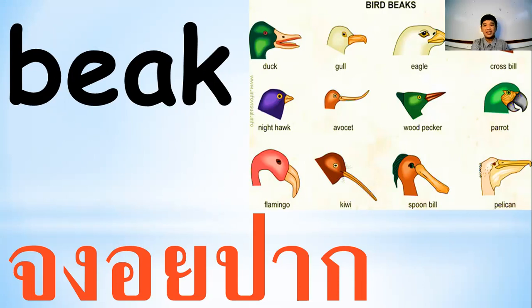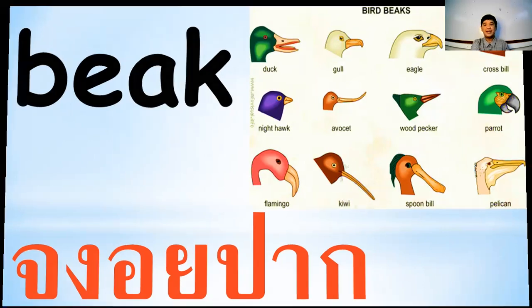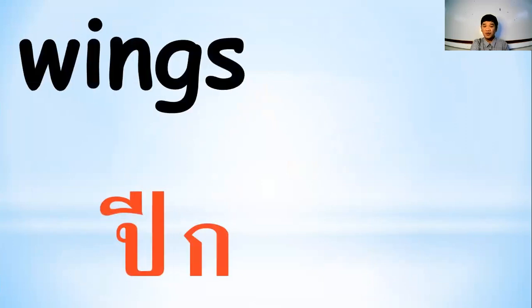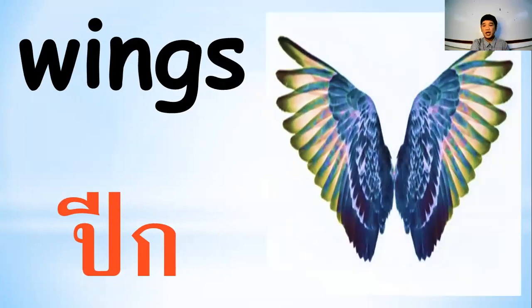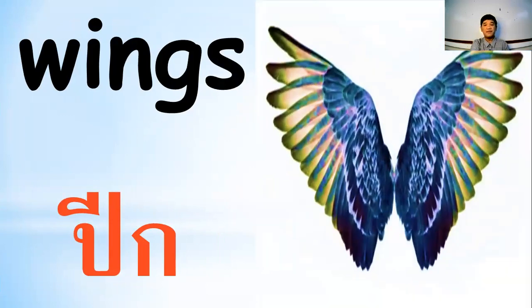Next, how about the wings? This is an example of wings, which can also be found on birds and chickens. Animals with beaks, of course, have their own wings as well.